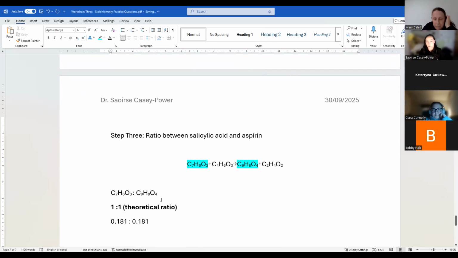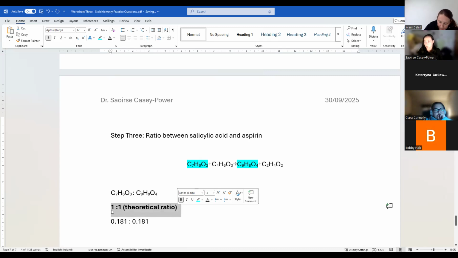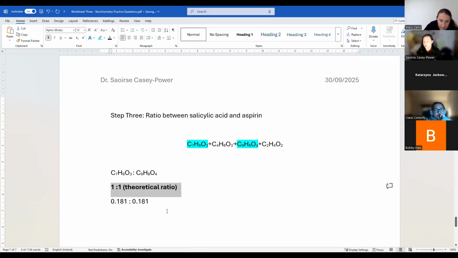Okay, so whatever I use of my salicylic acid, I will form the exact same number of moles of my aspirin. All right. So again, if we had used exactly what we needed, it would have been 1 mole to 1 mole. We used less than what we needed, which is 0.181, but it will still react to form 0.181 moles of aspirin.